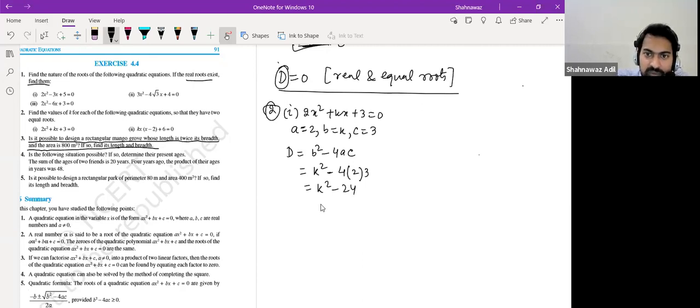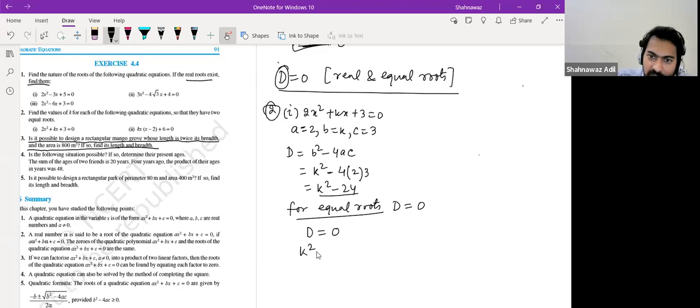You know that for equal roots, d equals to 0. So d equals to 0 means k square minus 24 is 0.